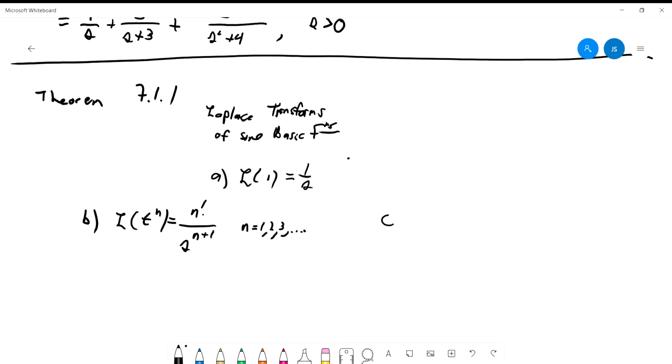C, the Laplace transform of e to the at is 1 over s minus a. That's an a there.